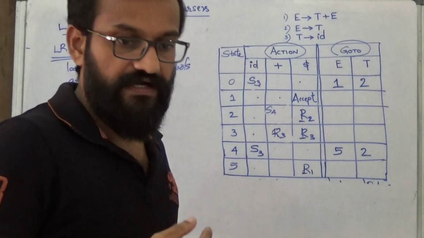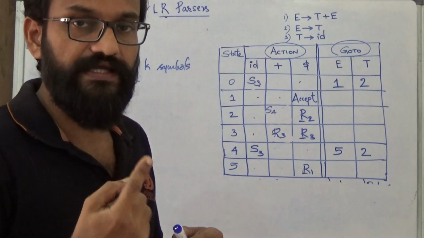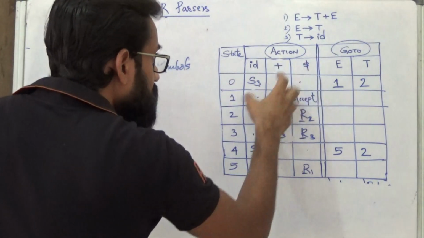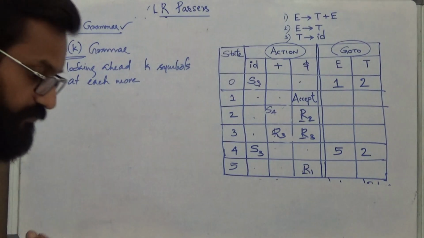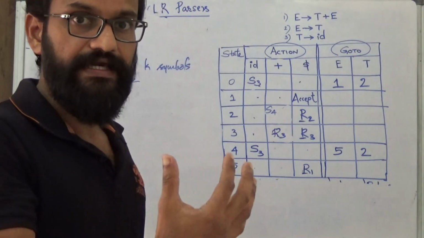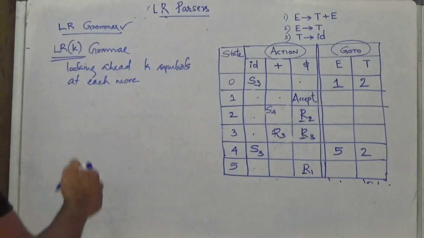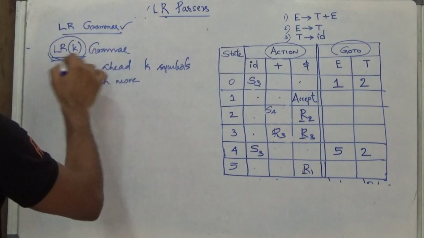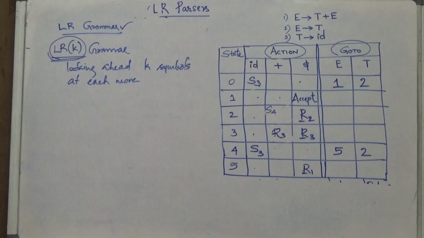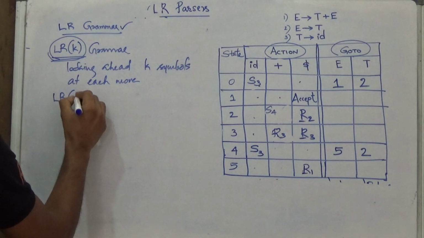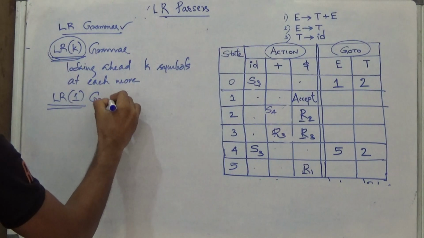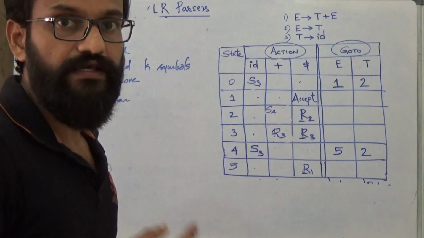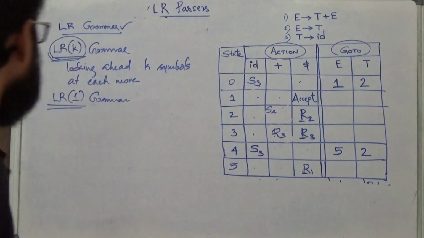So in the previous example we have considered a parser that proceeds by looking one symbol ahead, or currently it will verify one symbol and take a decision. So if the parser proceeds by examining up to K symbols ahead, then you can call that parser an LRK parser, and the corresponding grammar is called an LRK grammar. Then what do you mean by LR1 grammar? That is the LR parser that parses the grammar by looking one symbol ahead. That is what you mean by LR1 parser.